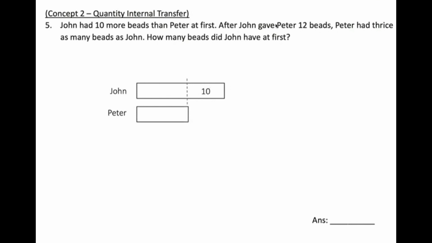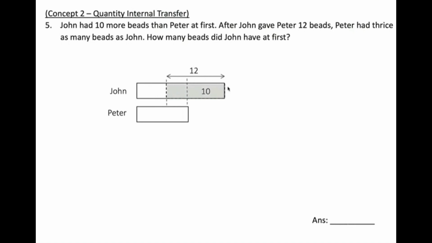Next, John gave Peter 12 bits. So I'm going to cut 12 from John and give it to Peter. So this is 10. 12 is just basically 10 plus 2 more, right? So this is 2.